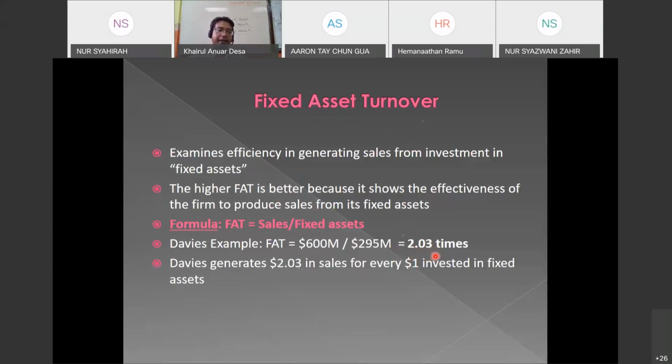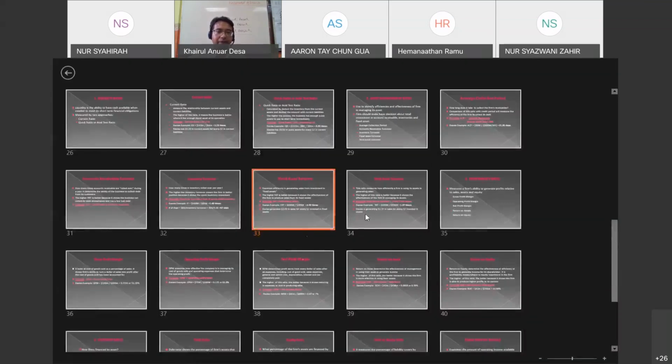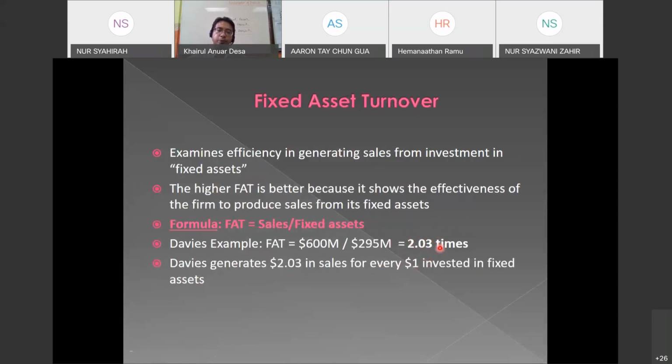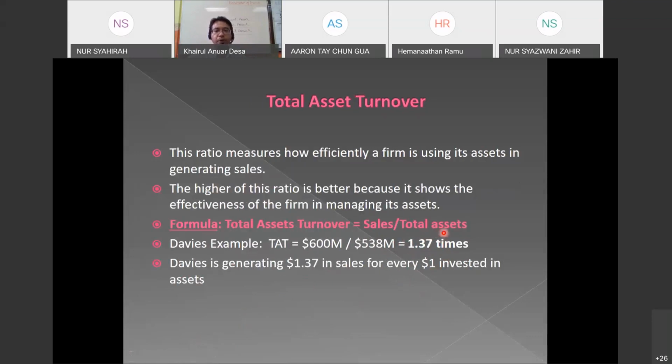And then after we include current asset in our calculation in the total asset turnover, suddenly the result here dropped from 2.03 to 1.37 times only in total asset turnover. What actually is the problem of this company?